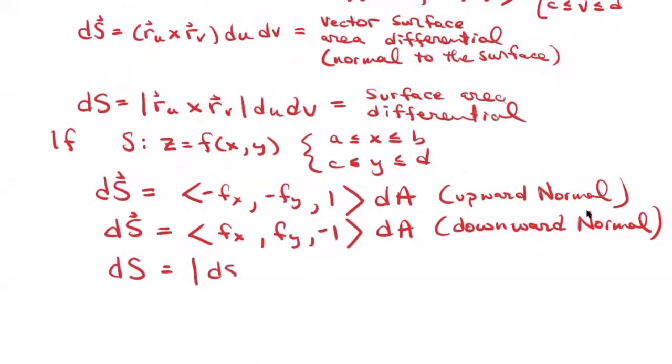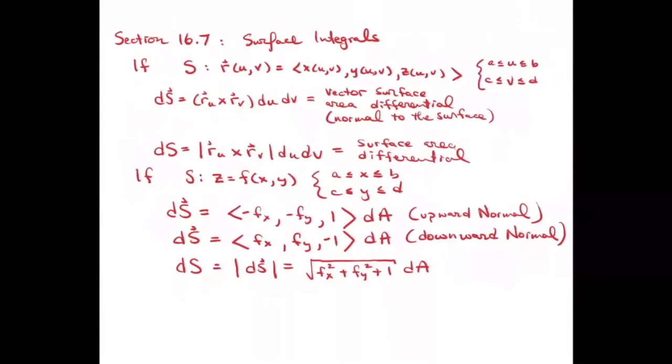And so we've said this is the square root of f_x squared plus f_y squared plus 1, and of course dA. Okay, so these are just formulas that are good to have handy as you do surface integrals.